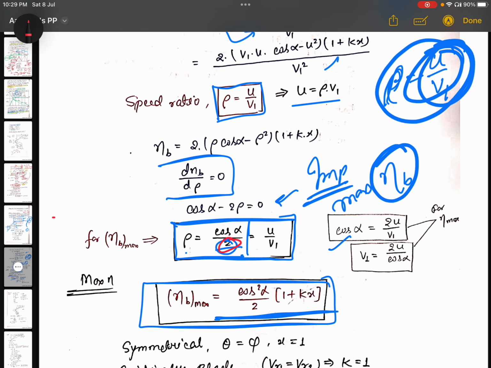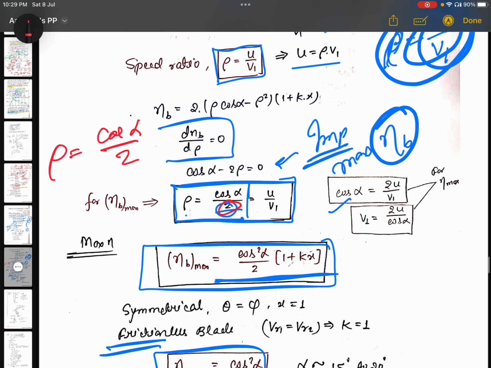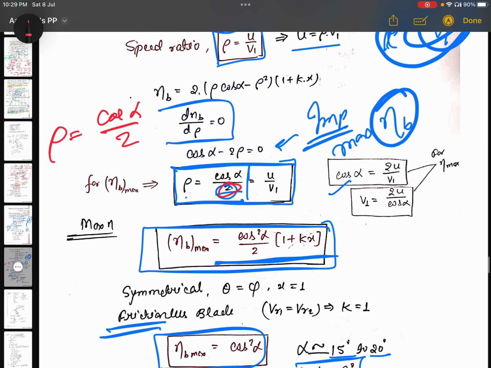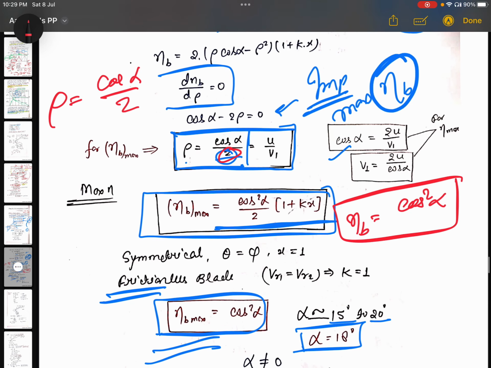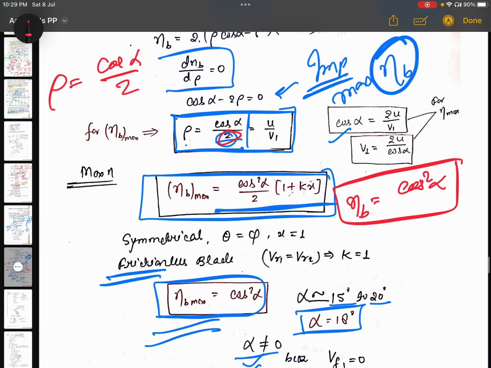Here rho is equal to cos alpha by 2 and maximum blade efficiency is equal to cos square alpha, if x is equal to 1 and k is equal to 1.